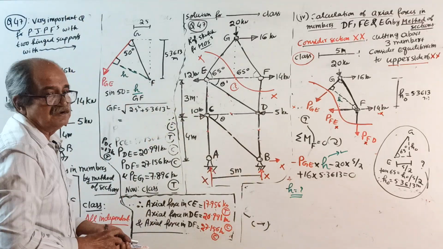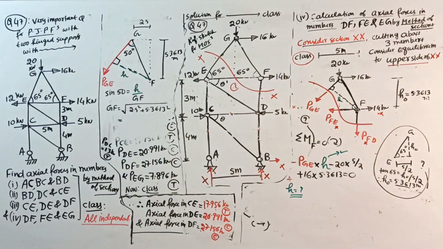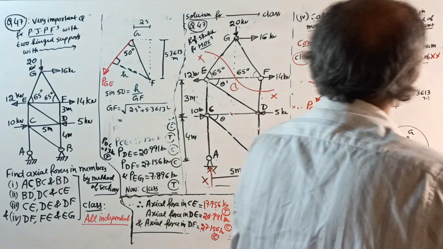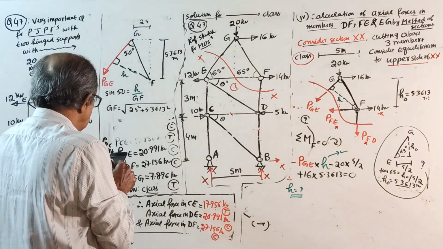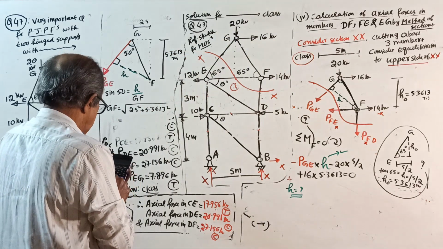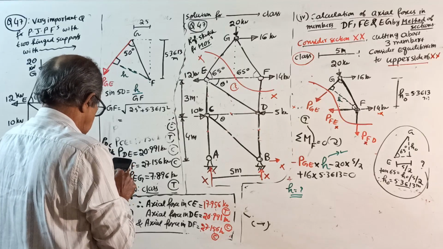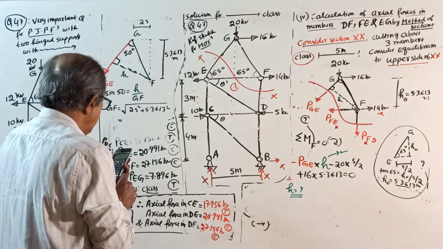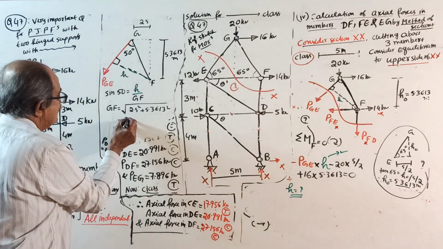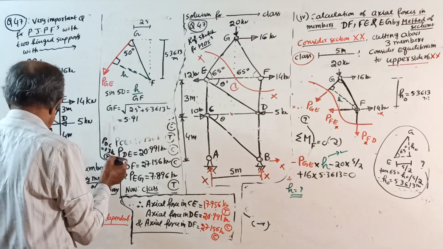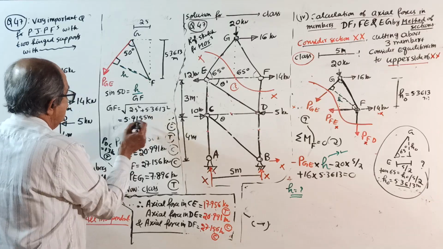Get the value of H. Where is H value? 1 minute, don't worry. Solution, easy method is there, because I told I always go for principles. 2.5 square plus 5.3613 square, correct? Root, answer: 5.9155 meter.